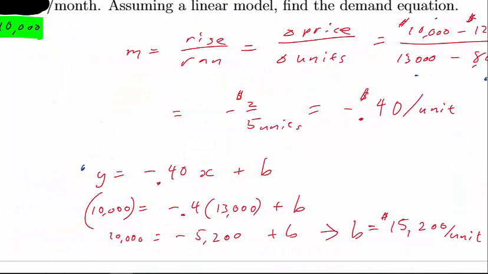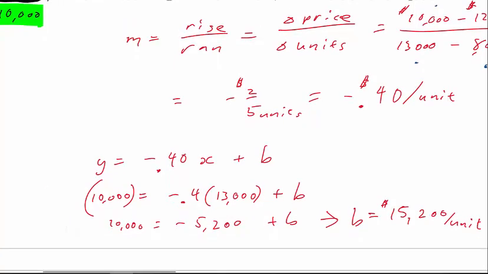So we come over here and we set it up: y equals, and we put in our slope right there. Note that we're just leaving the y-intercept as an unknown constant. Then we substitute in one of our ordered pairs, one here and one here, and we solve for b.